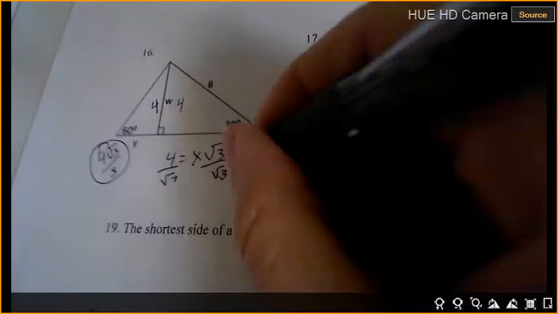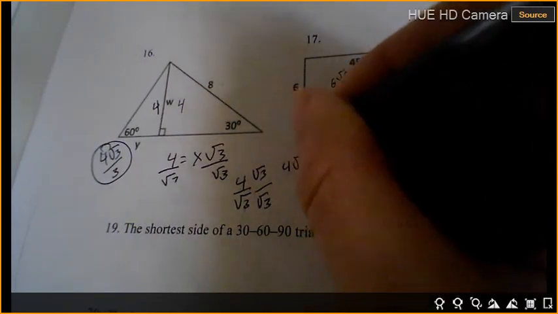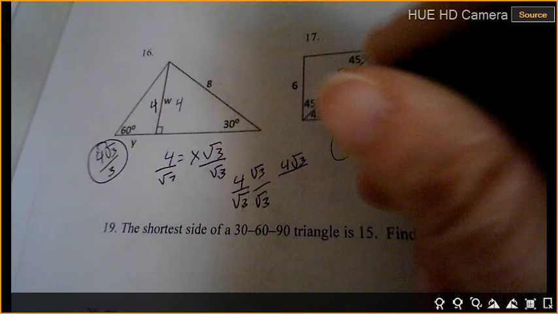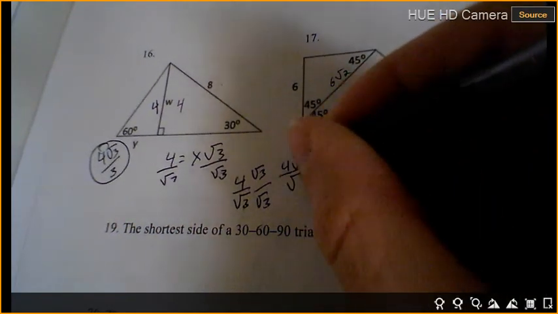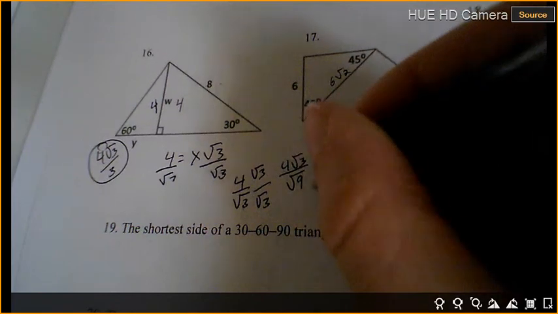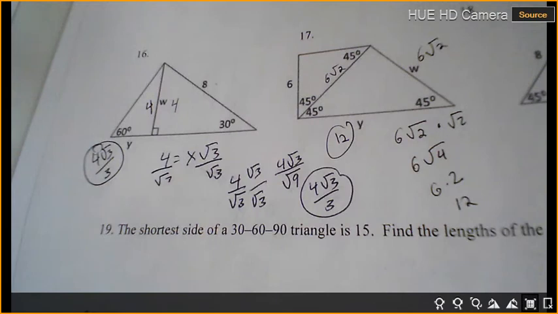So if I multiply square root 3 times the top and bottom, I get 4 square root 3 over the square root of 9. Square root of 9 is 3. So 4 square root 3 over 3.